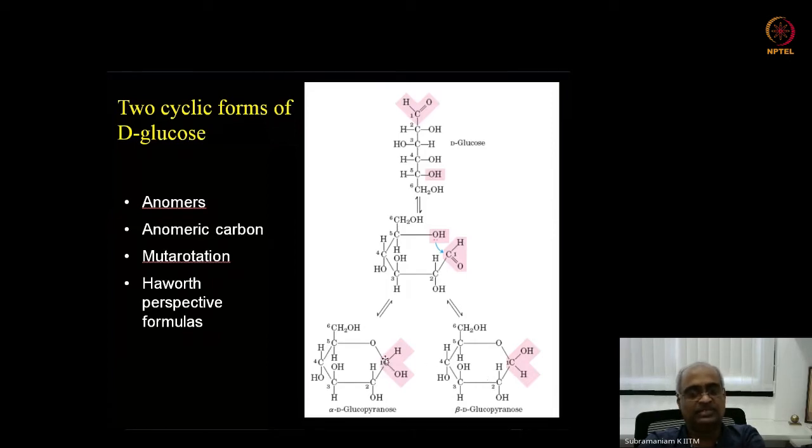This carbon itself is called the anomeric carbon. So in aqueous solution, one orientation we call alpha and the other orientation we call beta. By convention, when you show the OH on the top, you call it beta, and below it is called alpha.